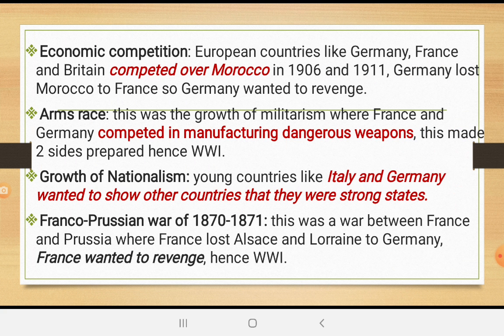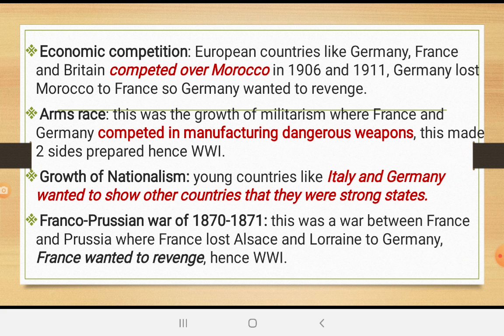Another cause of the First World War is economic competition. It is among the main causes of the war. This economic competition came mainly during colonization. For instance, countries like Germany, France, and Britain competed over Morocco.